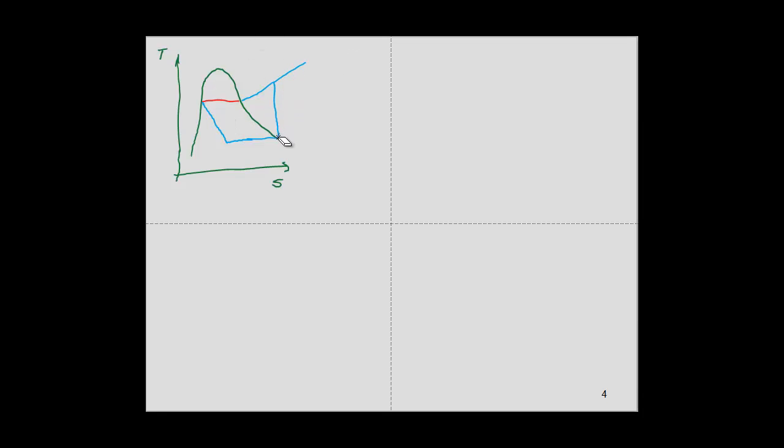I will start with saturated vapor at the exit of the evaporator. It will compress until a certain pressure.